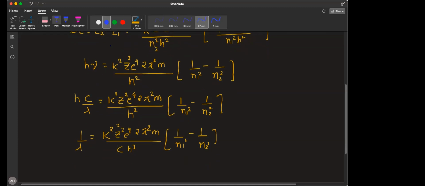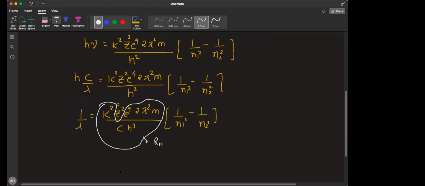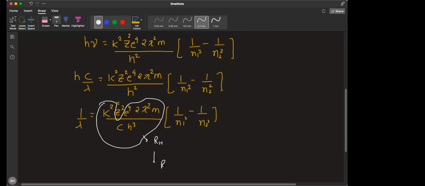Means except for this Z, this whole term is constant. And we call this whole term RH, which is the Rydberg constant.